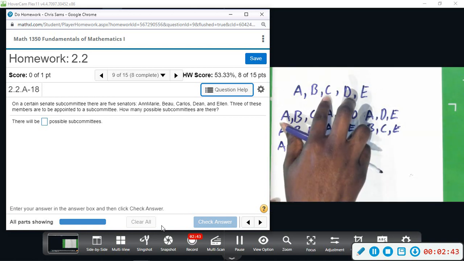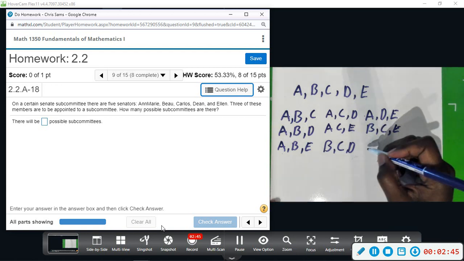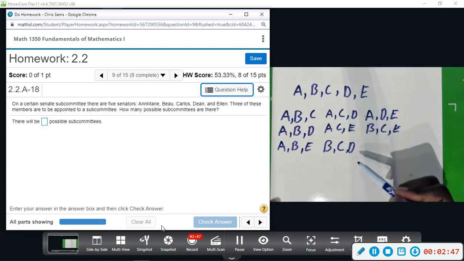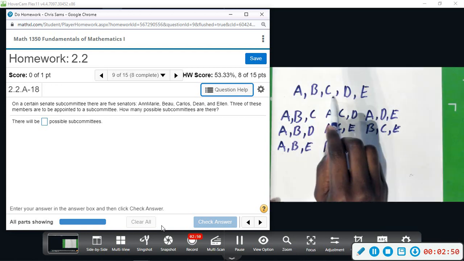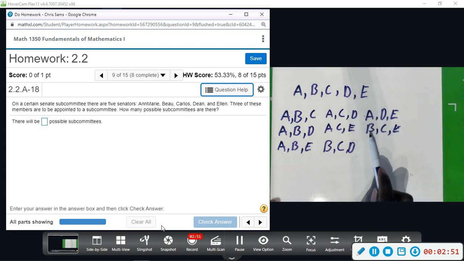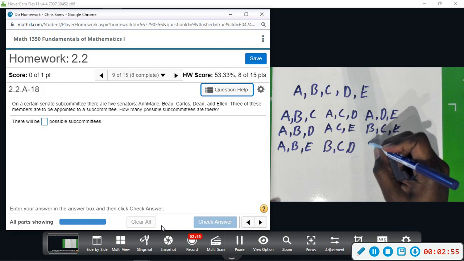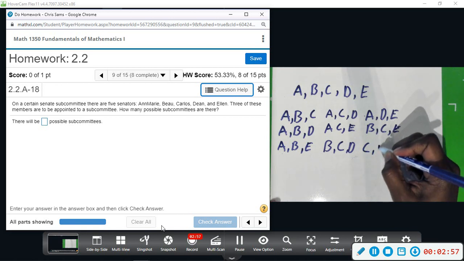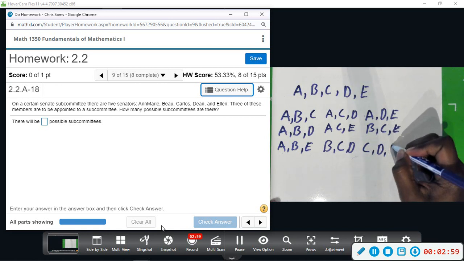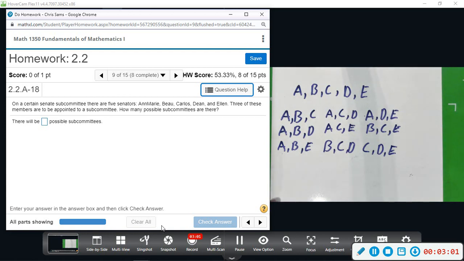Now we're going to shift over, and CDE will be the last. I think we got them all.